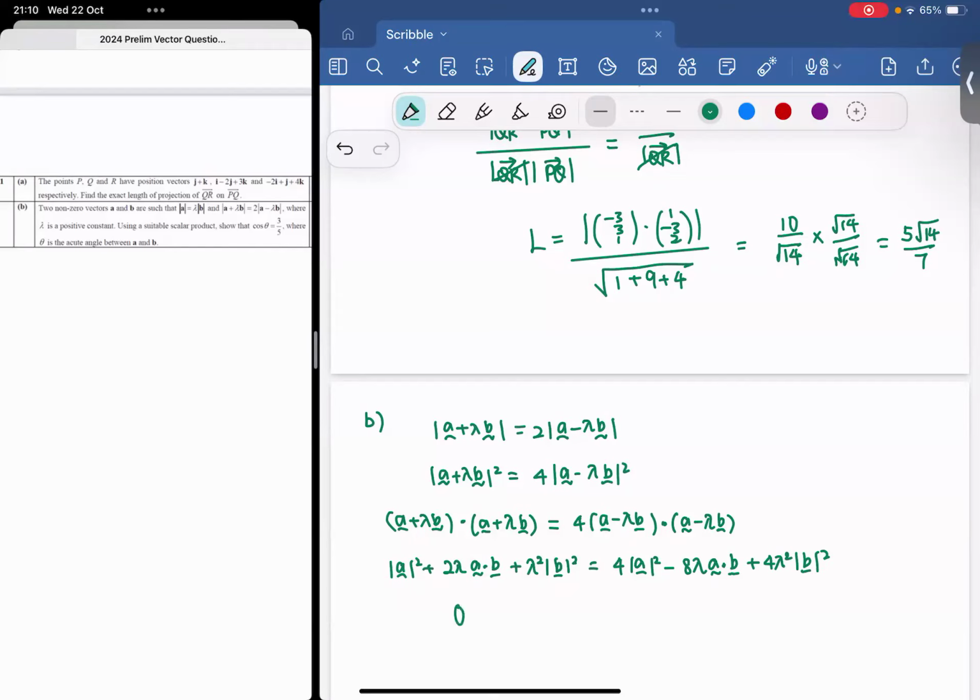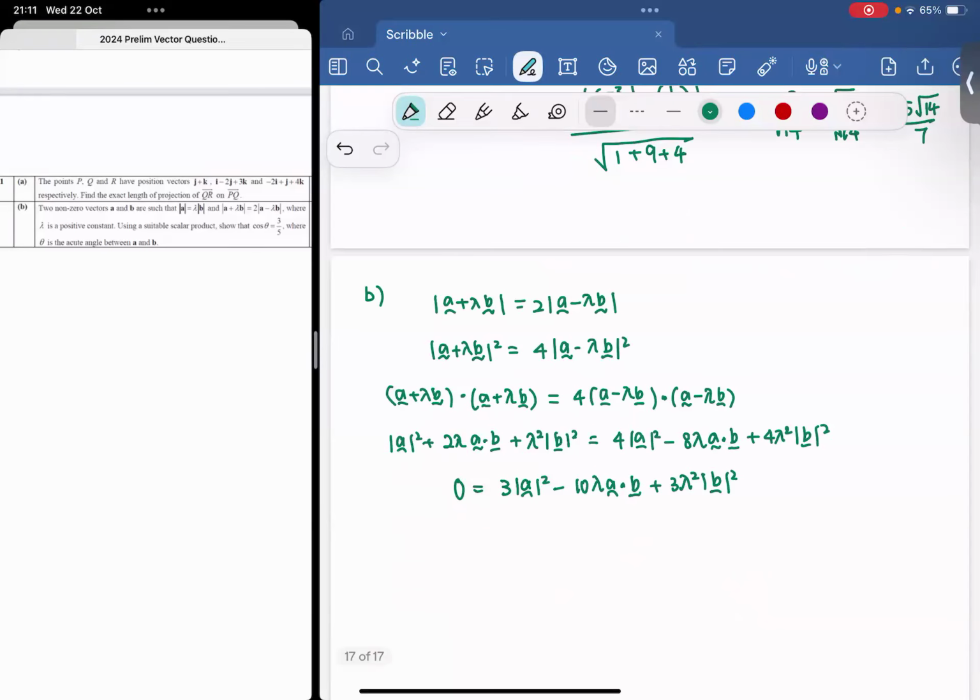I'll bring to this side. We will have 3A squared minus 10 lambda A dot B plus 3 lambda squared modulus of B squared. And the question did mention that the length of A is actually lambda times the length of B. So this is actually 3 lambda squared B squared.